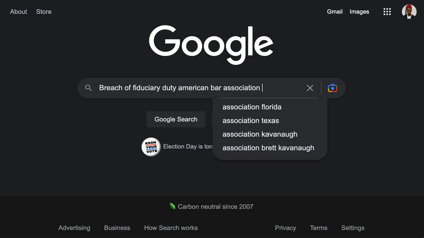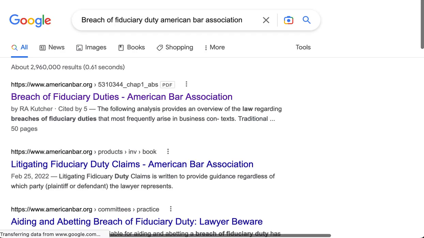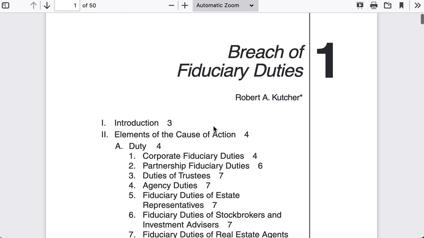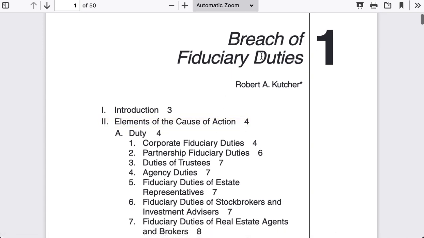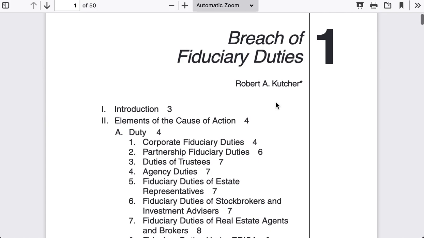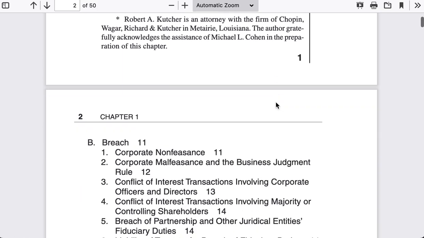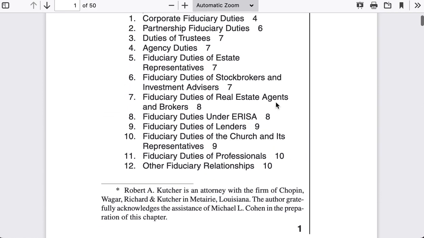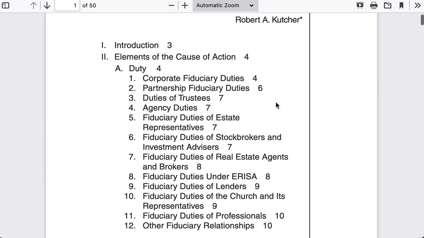You better download this now, because after a few weeks or a month or something, you probably won't even be able to find this. They're probably going to take it offline or something. But this is an excellent document. It really breaks it down: what a breach of fiduciary duty is, who's a fiduciary. It shows you what all is considered a breach of fiduciary duty.